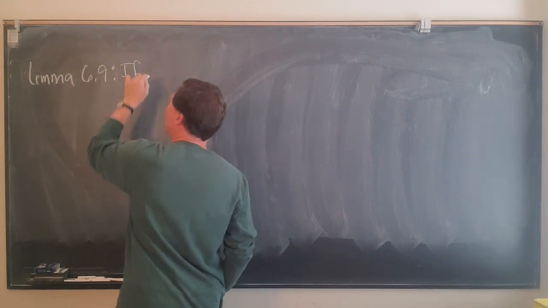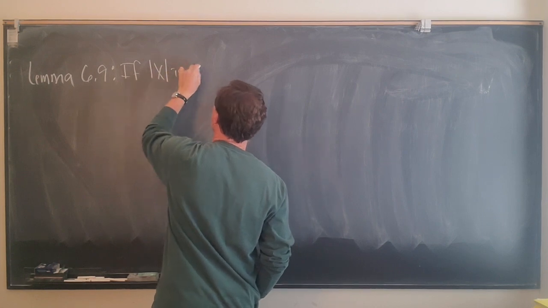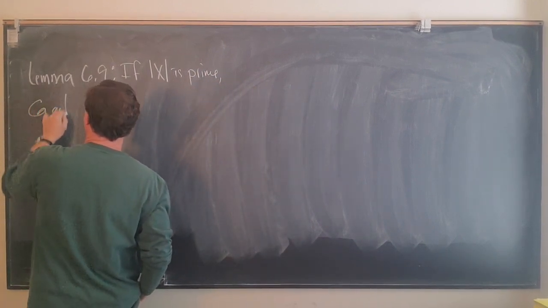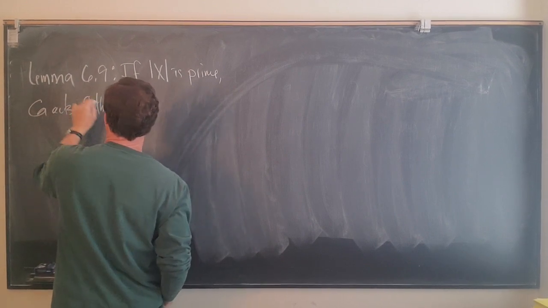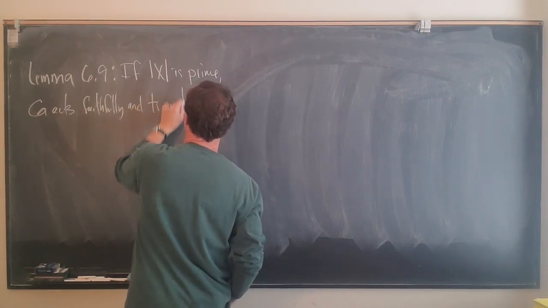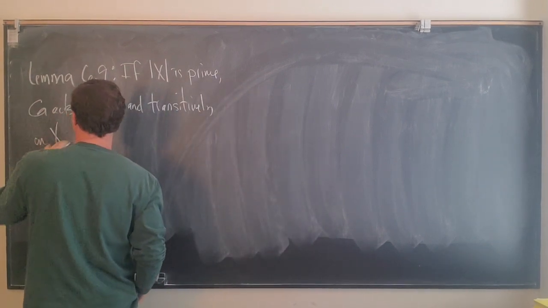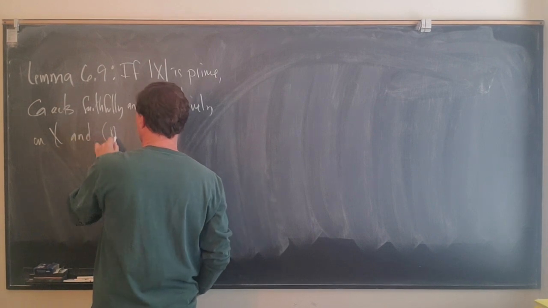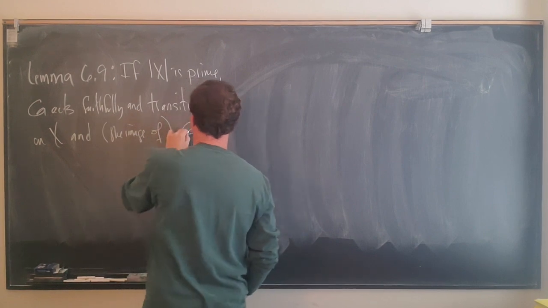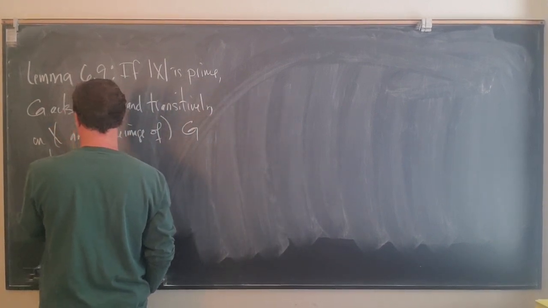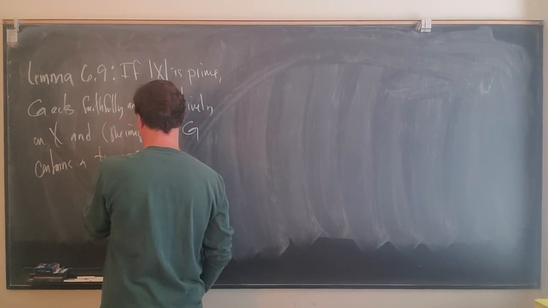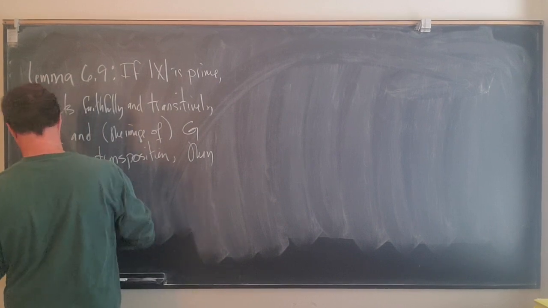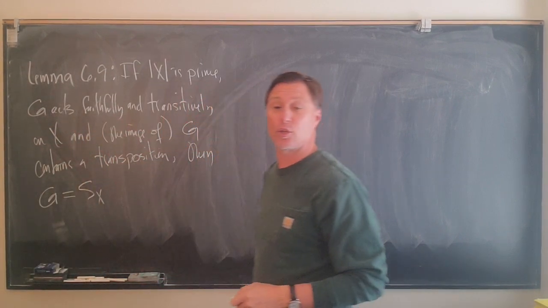If we have a set that has prime cardinality, so let's say the cardinality of X is prime, and G acts faithfully and transitively on X, and G contains, well, it's really the image of G, I guess, and let me just say, I'll put it in parentheses here, the image of G contains a transposition, then G is equal to S sub X, so the entire permutation group of the set X.